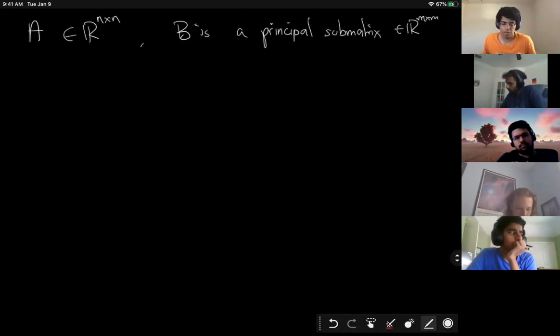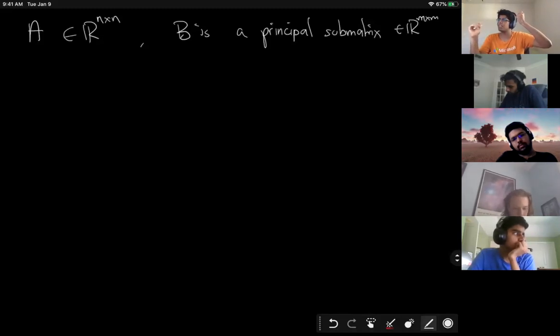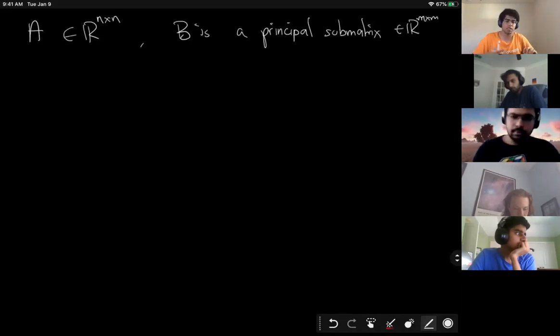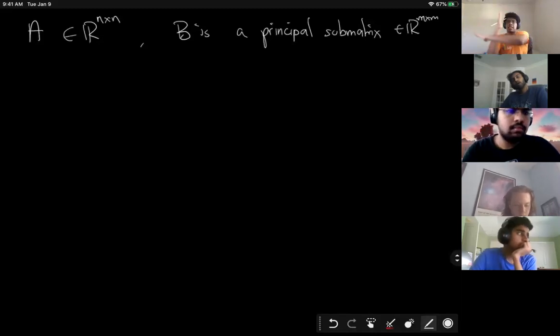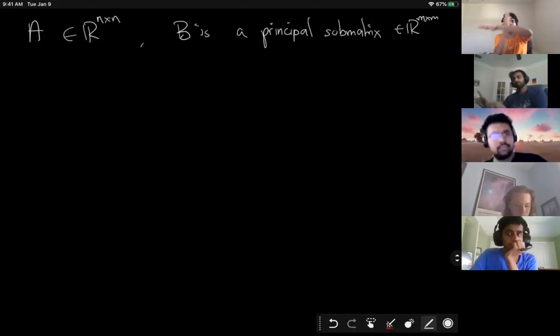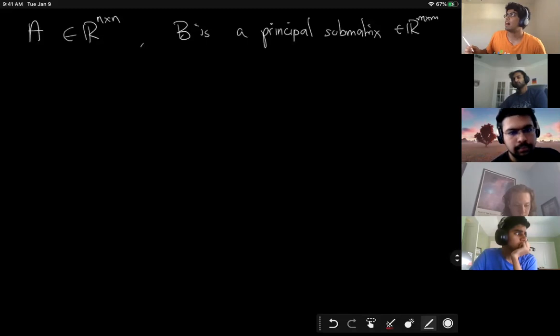A principal submatrix is just when you take the matrix and delete some rows and columns, the corresponding rows and columns, the same set of rows and columns. So if you delete the first row, then you also delete the first column, right? So you delete things that look like this, and possibly multiple of them. So B is a principal submatrix of A.